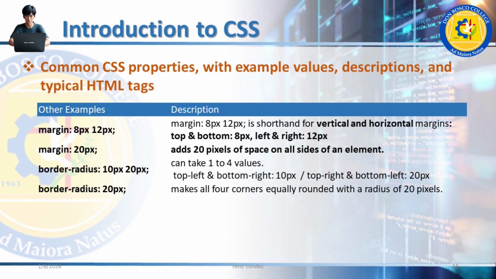For border radius, the declaration border radius, 10px 20px, sets the top left and bottom right corners to 10px, and the top right and bottom left corners to 20px. The declaration border radius, 20px, makes all four corners equally rounded with a radius of 20 pixels.